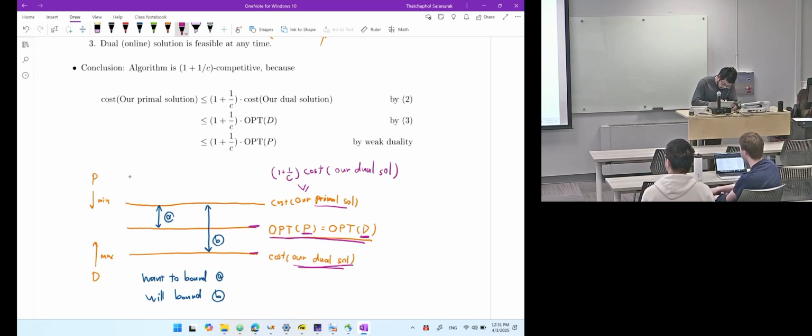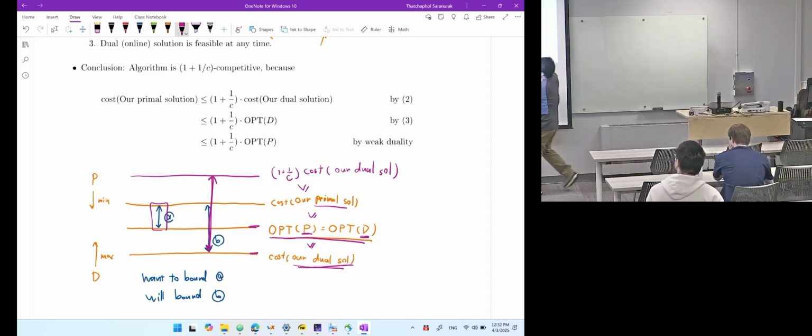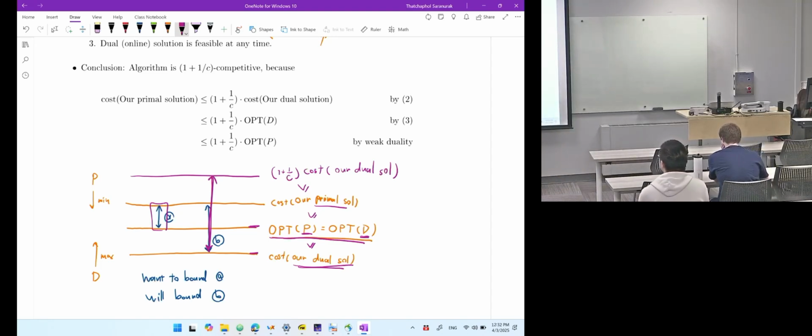So actually it should be like this. And we have this thing. So we want to bound this thing, but actually we can bound this thing. So everything here is up to 1 plus 1 over c factor.